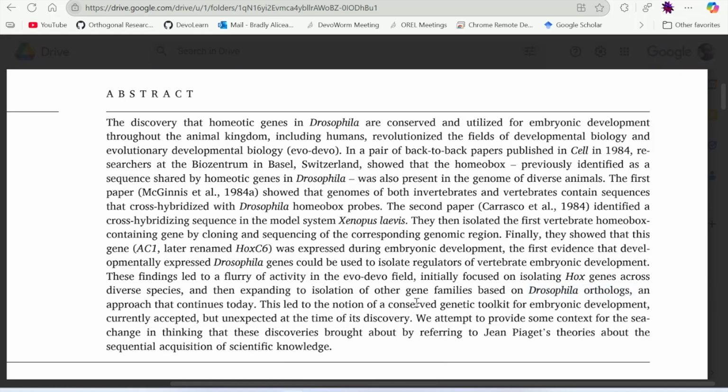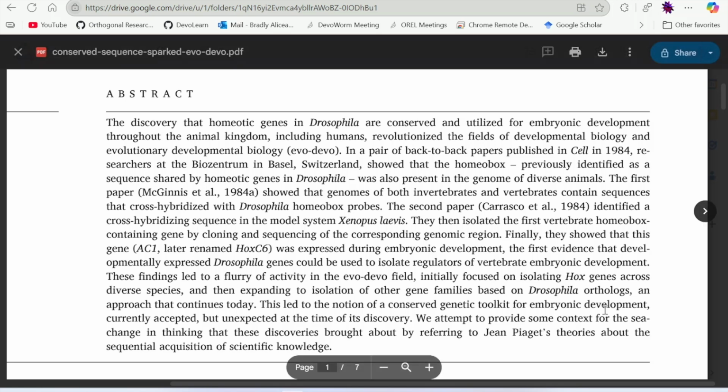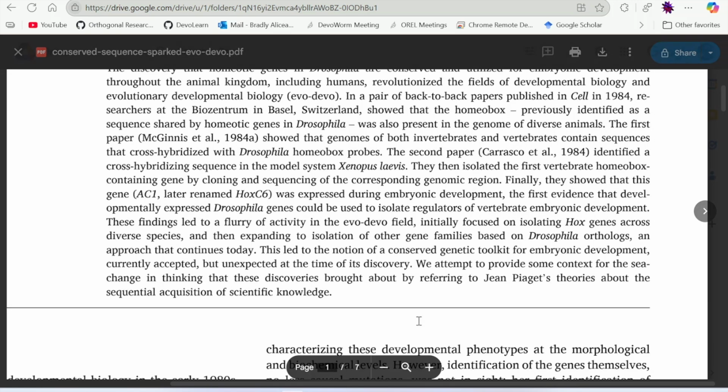This led to the notion of a conserved genetic toolkit for embryonic development, currently accepted, but unexpected at the time of its discovery. This is a key finding of EvoDevo, this conserved genetic toolkit, meaning that it doesn't necessarily change a whole lot across phylogeny, and it provides us the means to execute embryogenesis, to execute a phenotype.